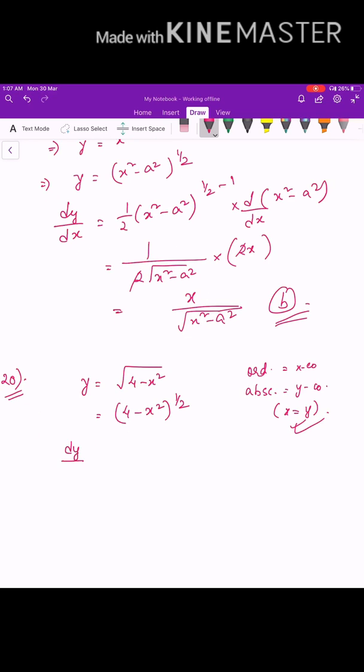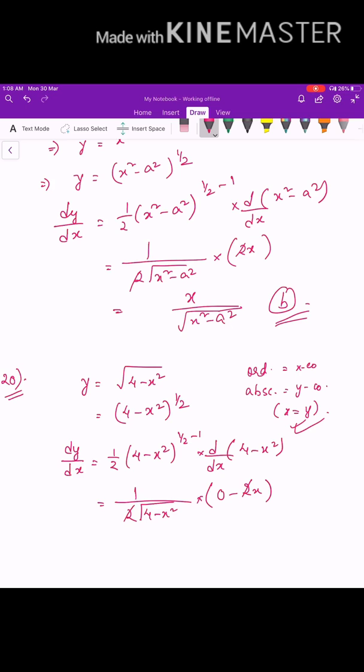So for slope, dy by dx, n into x to the power n minus 1. Chain rule, I have to differentiate the expression 4 minus x square. Right. 1 by 2 root 4 minus x square into 0 minus x square becomes 2x.